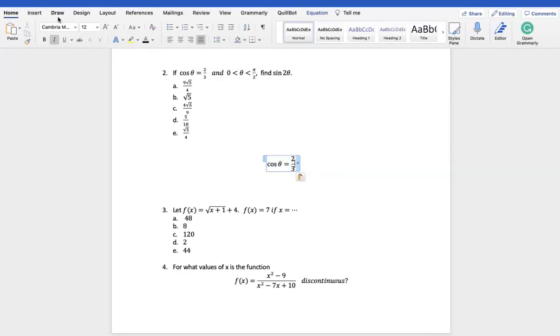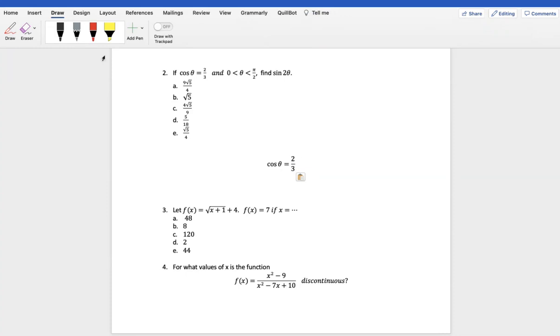If you could imagine this, you can sort of visualize it. Our angle theta is in the first quadrant, because it's between 0 and pi/2. So pi/2 is there, and 0 is there. Our theta angle belongs in this part here. And remember, this is the cos axis, and this is the sine axis.